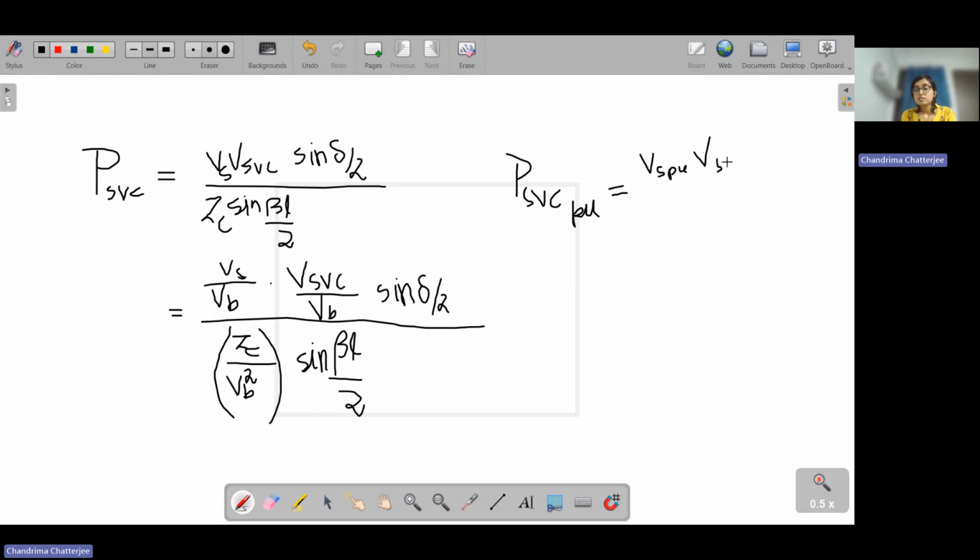That's it. VSVC per unit, then here sine beta L by 2, and here sine delta by 2, right?